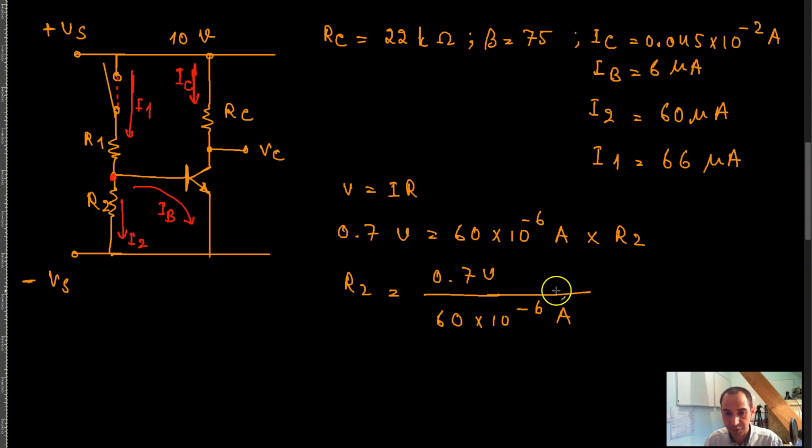And that is the same thing as, well, I can write this as 7 into 10 raised to the power negative 1. And then 10 raised to the power negative 1, this becomes 10 raised to the power negative 5. And 7/60th is the same thing as 0.116. So I take that as 0.12 into 10 raised to the power 5.